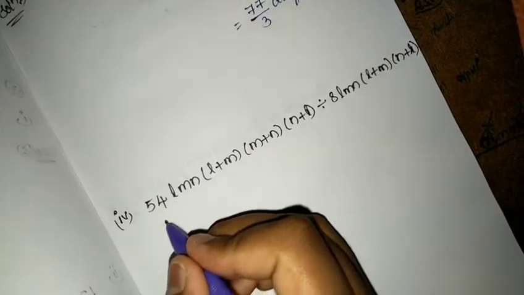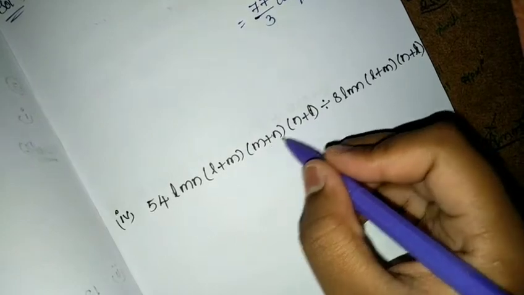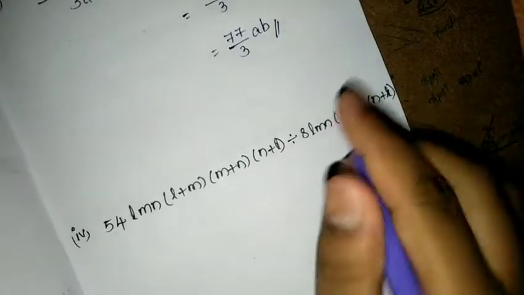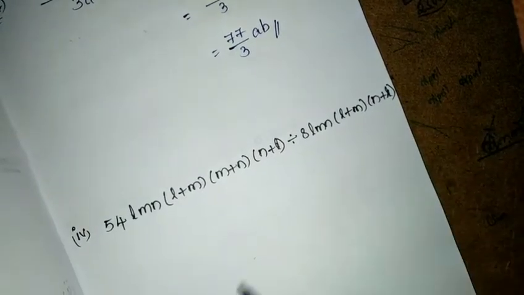Next, the fourth problem, 54 lmn into (l plus m) into (m plus n) into (n plus l) divided by 8 lmn into (l plus m) into (n plus l).